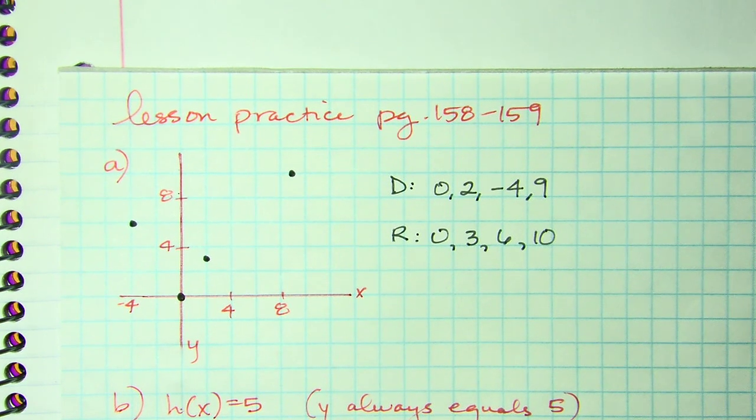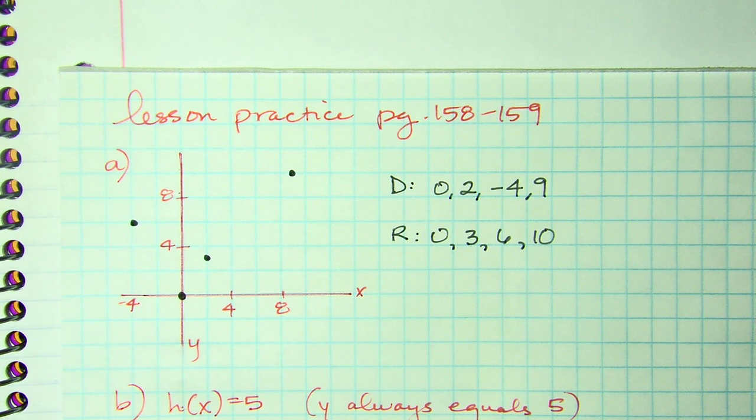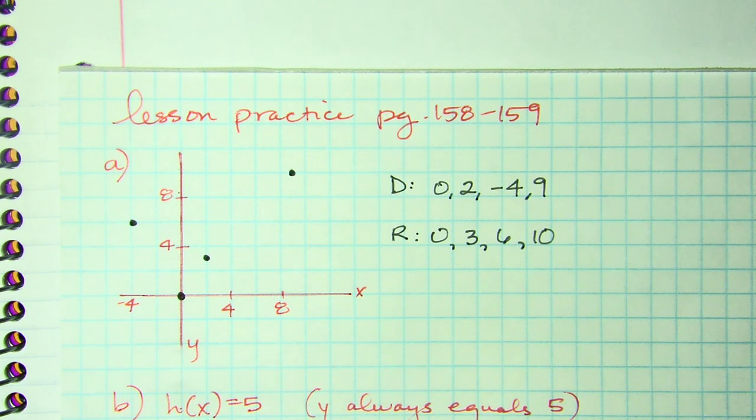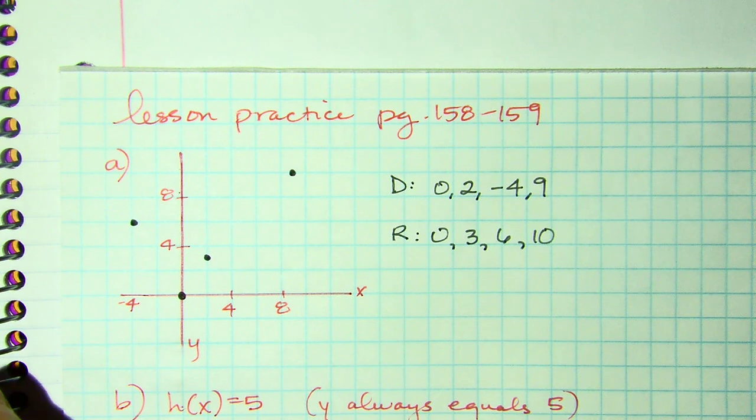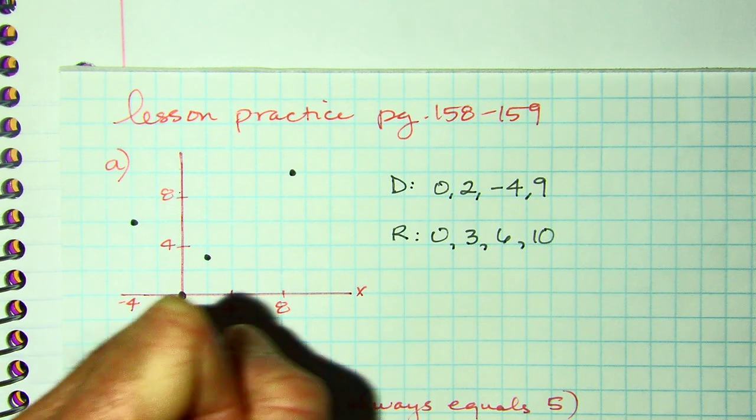Okay, so here's 2, 4, 6. Now this is saying that y always equals 5. So no matter what x equals, y always equals 5. So notice I'm up here on the y-axis at 5 because that is what this function is stating.